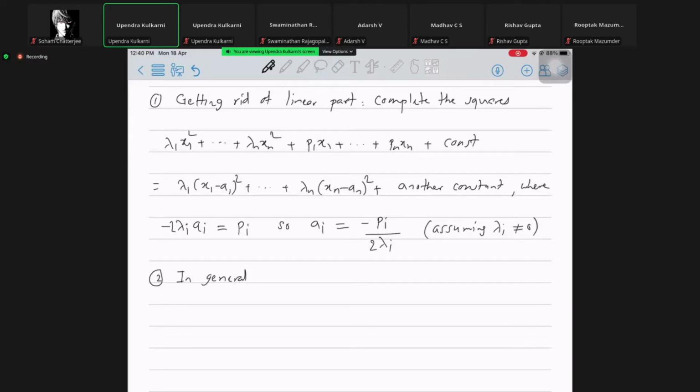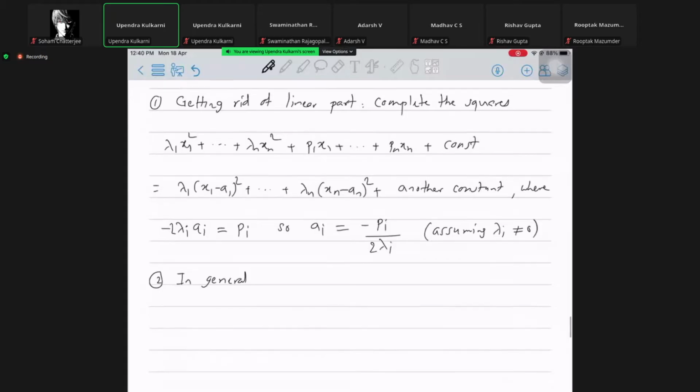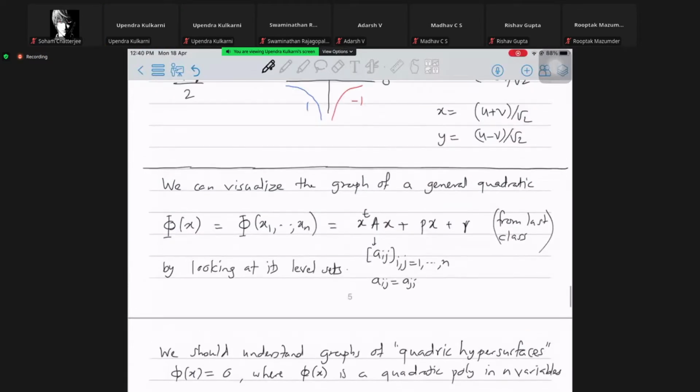See, the original vectors, so the coordinates of the point that I'm taking, x1 up to xn, they are coordinates with respect to the standard basis, e1 up to en. Now I want to express these xi's in terms of a new basis. What is the basis with respect to which I should express this vector? The eigenvectors of A. Exactly.